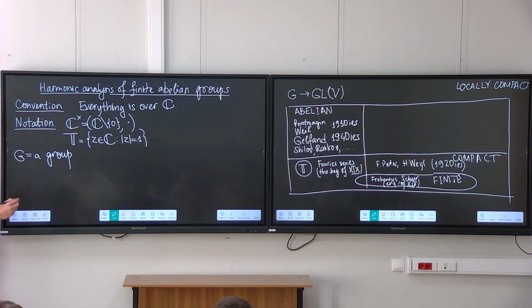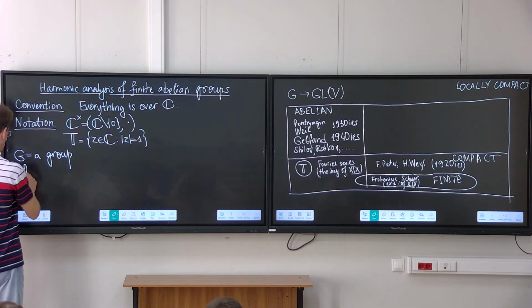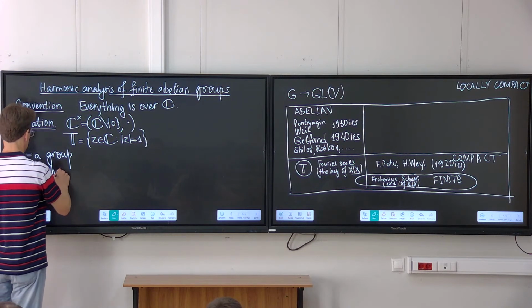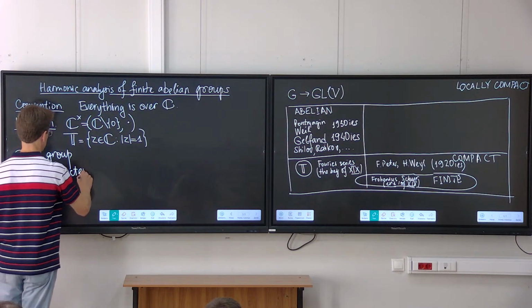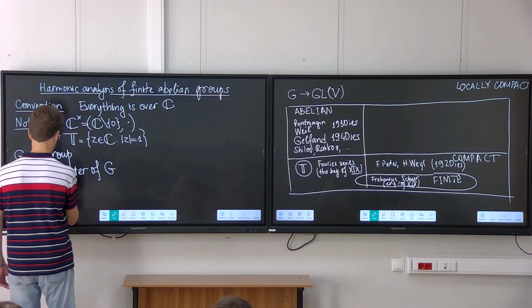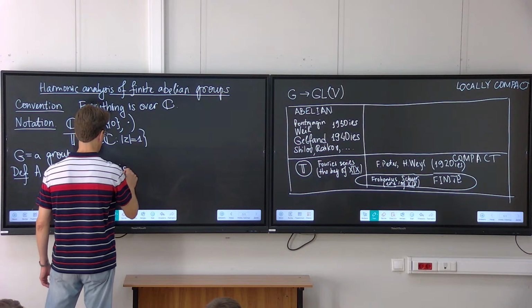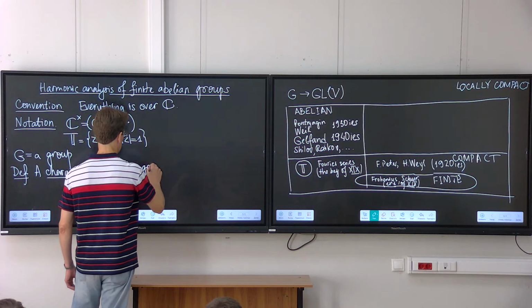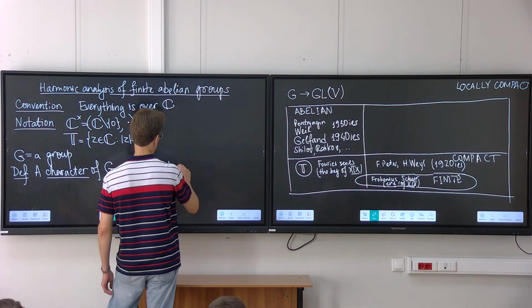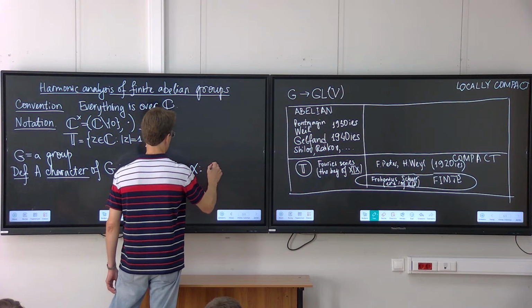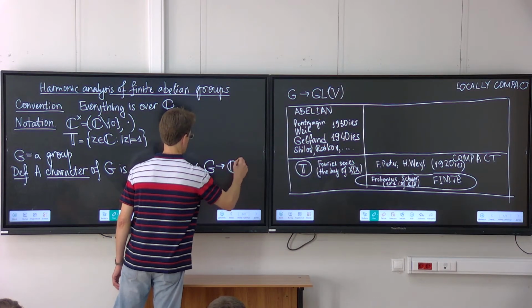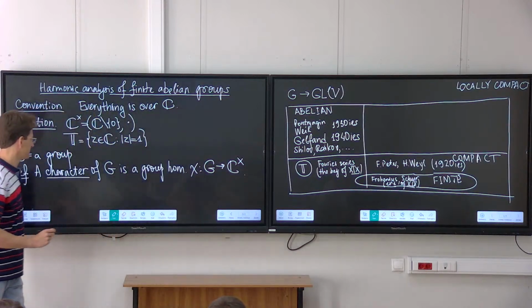Suppose that G is a group. By definition, a character of G is just a group homomorphism chi from G to the multiplicative group of non-zero complex numbers.